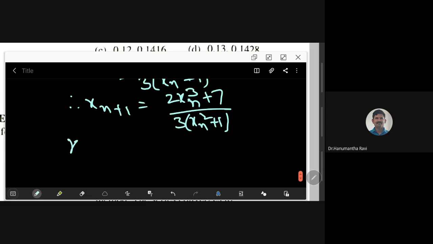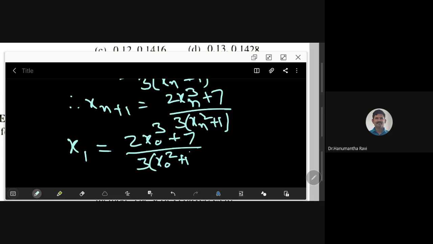If you want x1, it is (2x0 cube plus 7) by (3 into x0 square plus 1).